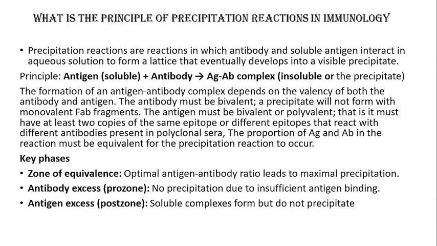Once the antigen exceeds the antibodies, its availability in the solution will be in higher concentration, which means there will be no formation of the cross link. Once the cross link is not formed, the precipitation also will not be formed.